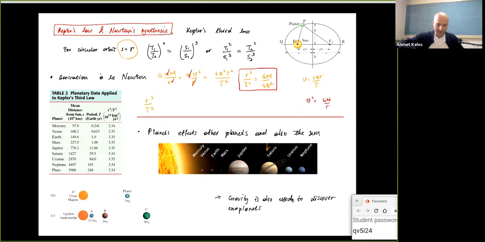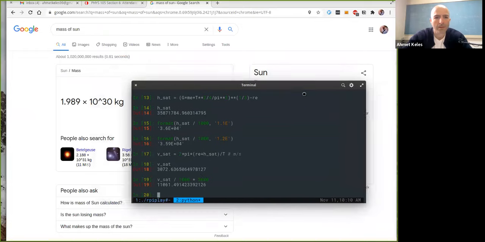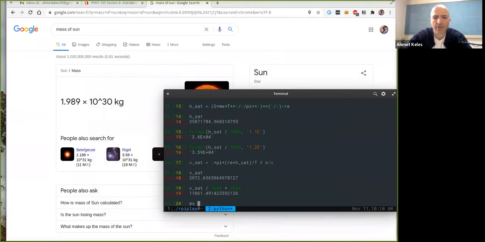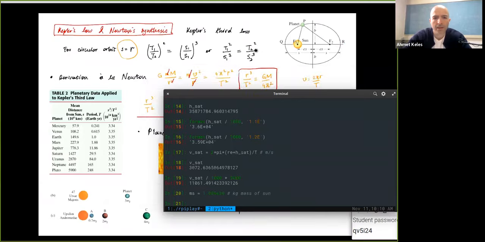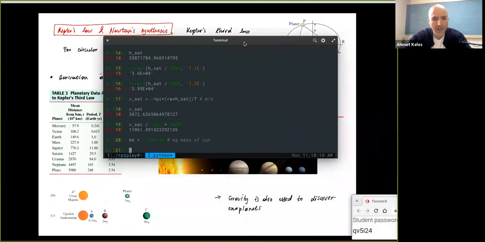So let's calculate this. For this, I need the mass of the sun. Okay, mass M sun, let's call this 1.989 times 10 to the 30 kilograms, the mass of the sun. Okay. Now we can come back. That's all I need. Then I don't know, Kepler constant, if you like.